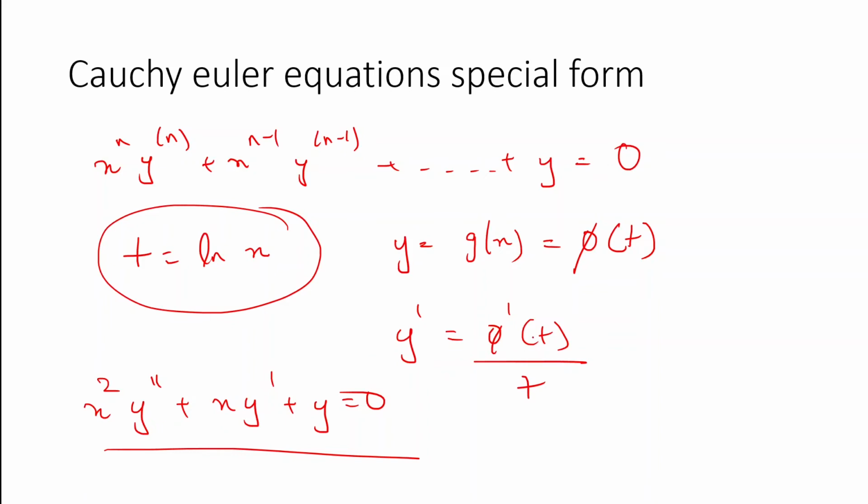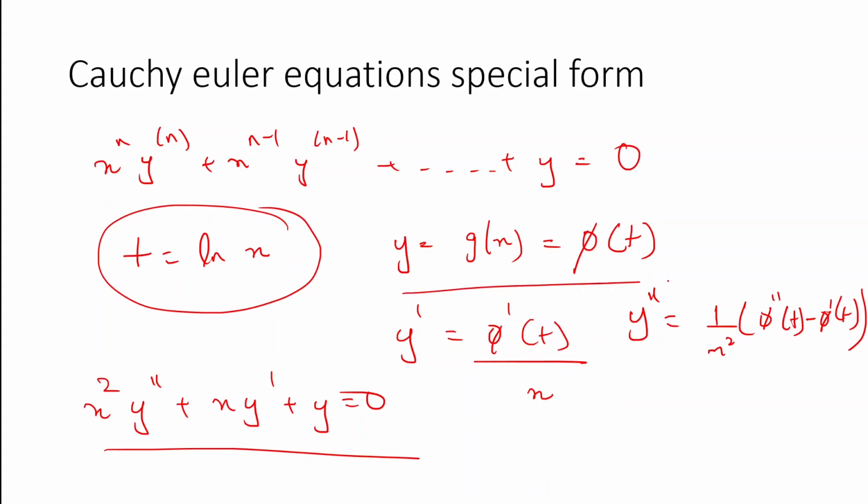So y is equal to phi of t, y prime is equal to phi prime of t by x. It makes sense. So y double prime is equal to 1 by x squared times phi double prime of t minus phi prime of t. This calculation you can do, it's a pretty simple calculation. So we have y prime equal to phi prime of t by x, y double prime equal to 1 by x squared times phi double prime t minus phi prime t.